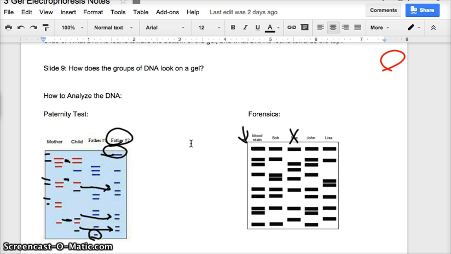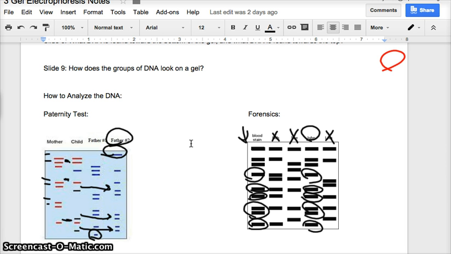This next band, Bob doesn't have it, and John does, and Lisa doesn't have it. So we don't even have to go any farther. John's DNA matches perfectly with the blood stain, so that means the blood stain was his. This is the DNA that came from him because it's exactly identical. Remember, everybody has specific, unique DNA. So that's how we can solve the crime.